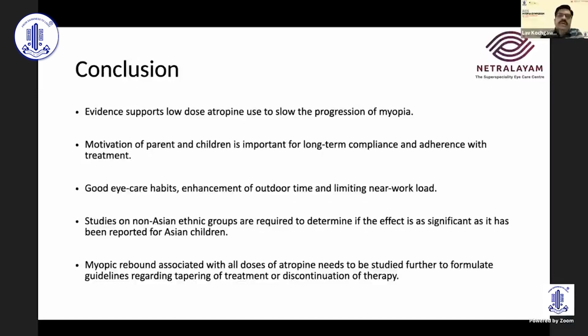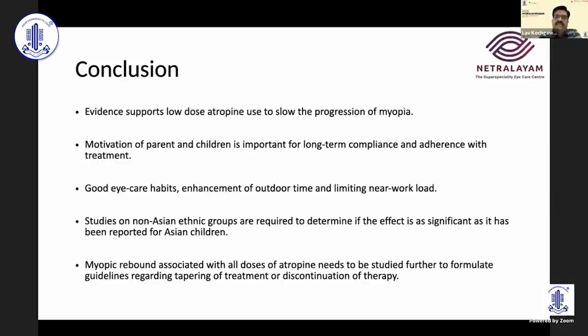So to conclude, evidence supports low dose atropine to slow the progression of myopia. Motivation of parent and children is important for long-term compliance and adherence to treatment. Good eye care habits and enhancement of outdoor activity and limited near workload, or in the present scenario, digital exposure of children, should be taken care of.